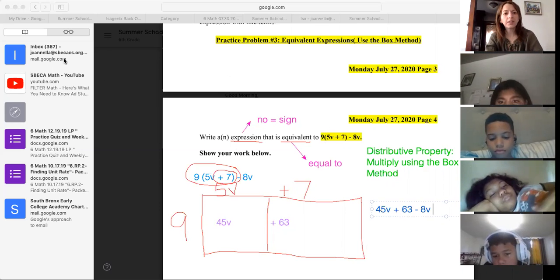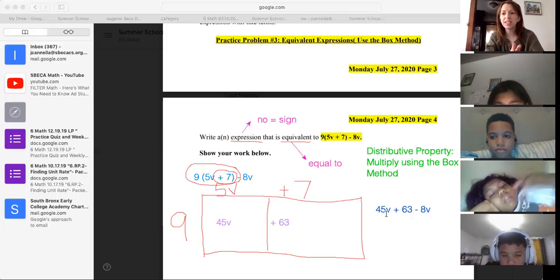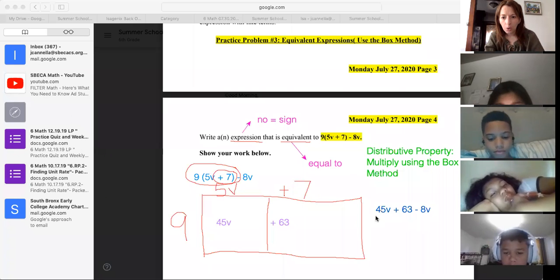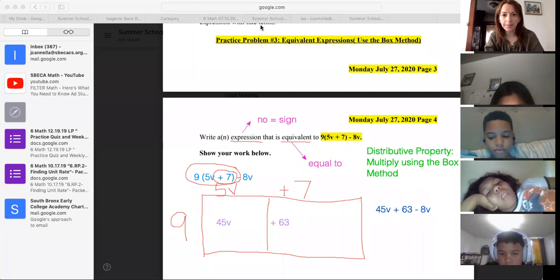Now, when we look at this little blue expression here, this is what we solved so far. We know that we can combine, that means put together terms that have the same variables. We have a 45V and we have an 8V. Those we can add or subtract, depending on what the sign is. So we are going to combine now the 45V with the 8V.